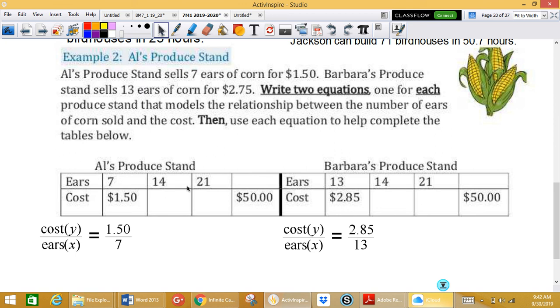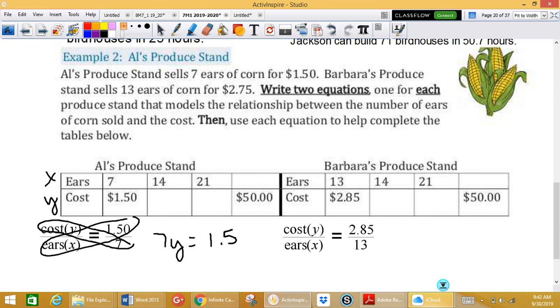So to write an equation, I'm going to start with my first ratio. So here's my y, here's my x. So I'm going to cross multiply to get my equation. So I have 7y equals 1.50x.